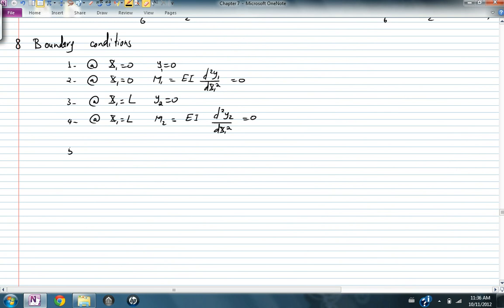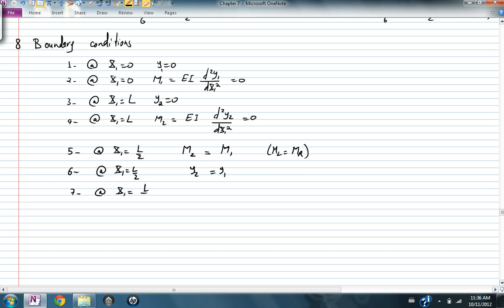So M2 is equal to M1, or M left is equal to M right. Y2 is equal to Y1. The displacement on the left has to be equal to the displacement on the right.